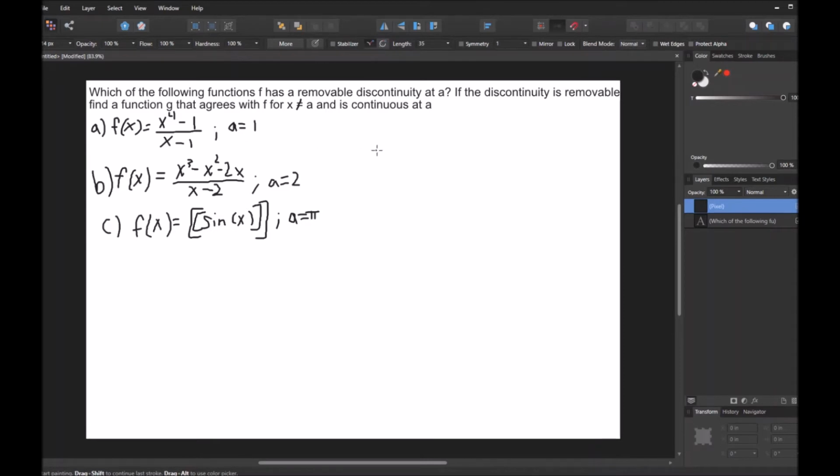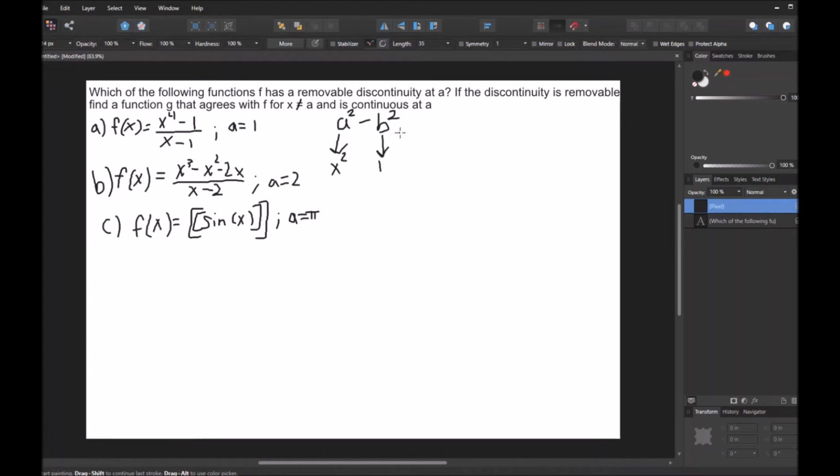And when I look at this numerator here, what I see is a difference of squares. I see a squared minus b squared, where our a is x squared and our b is 1. X squared squared is x to the fourth. That's basically what I'm getting at.